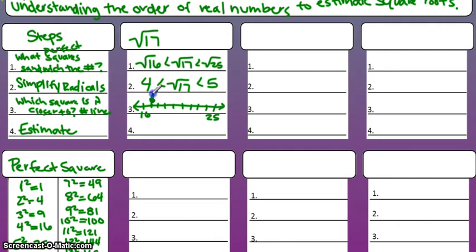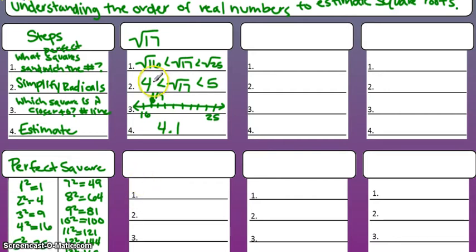So 17 is closest to 16, and it's really pretty close to that, so it's going to be pretty close to the square root of 16, which is 4. So we're going to estimate about 4 and 1/10, or 4.1.